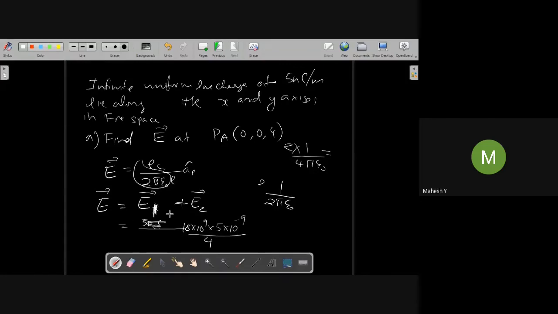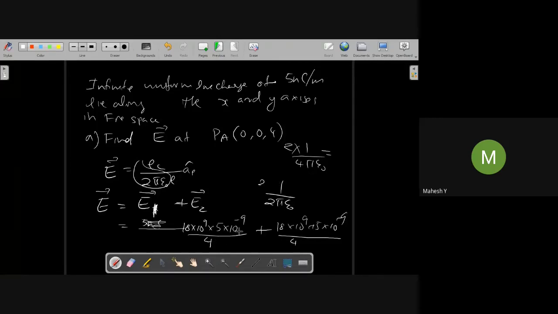In the case of the first line, and similarly in the case of the second line also, 18 into 10 raised to 9 into 5 into 10 raised to minus 9 divided by 4. Okay, 1 by 2 pi epsilon 0 is 2 times, not half.